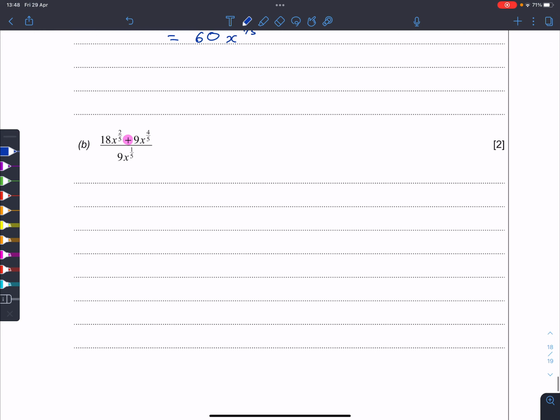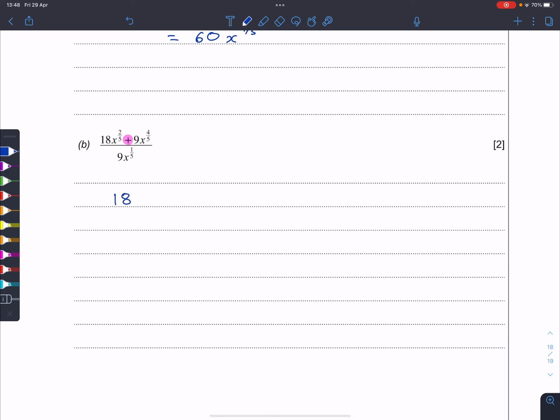On this one, because you've got an addition there, we can only add terms together if they're like terms. Well, this term is an x to the 2/5 term. This one is an x to the 4/5 term, so they're different. But what we can do is separate them like an addition of fractions.